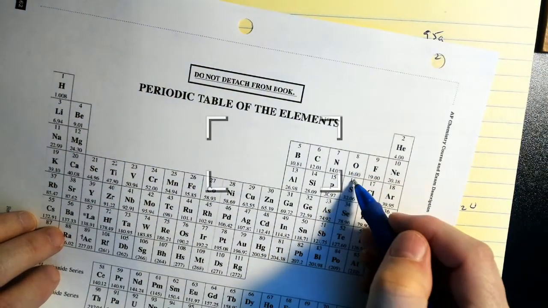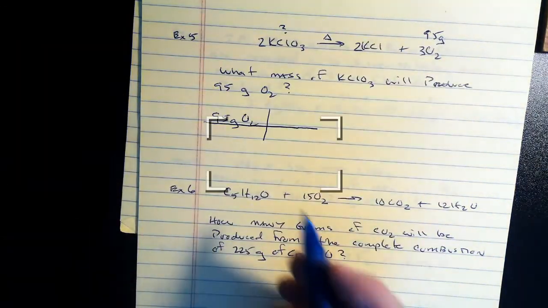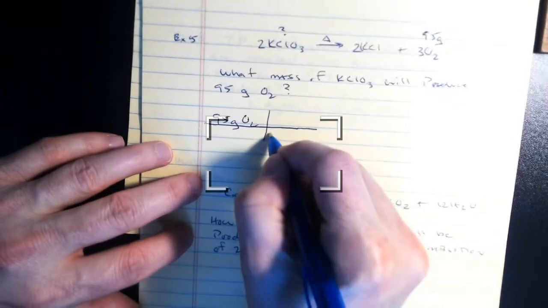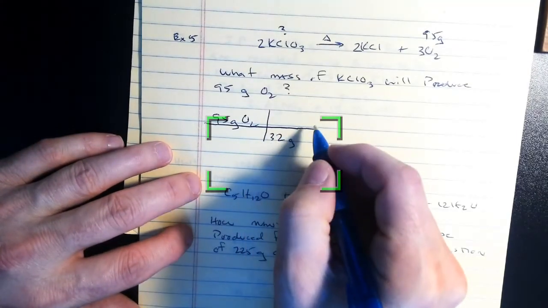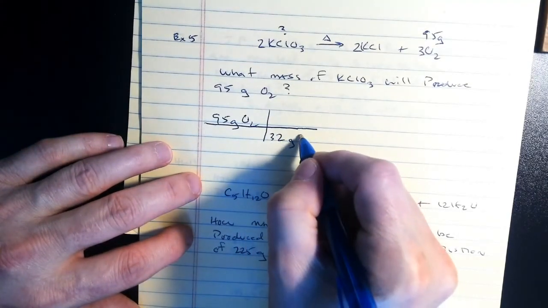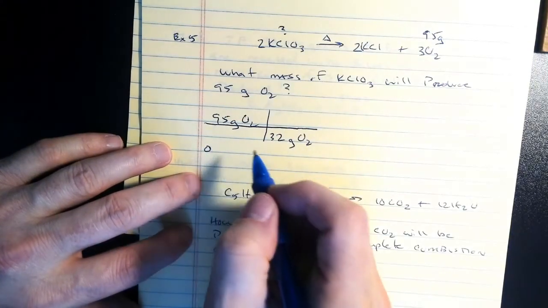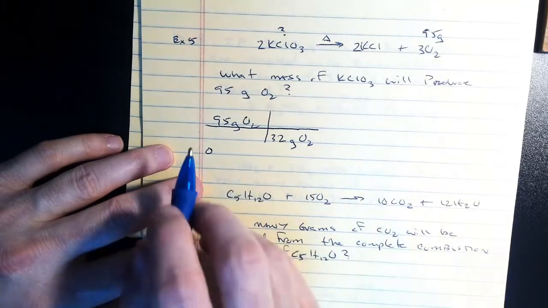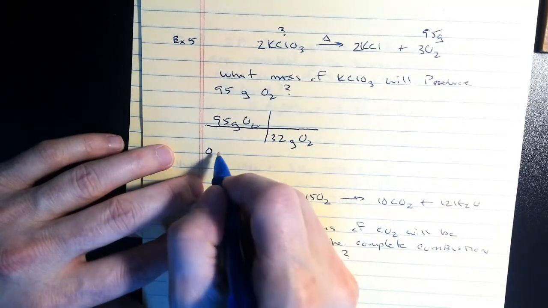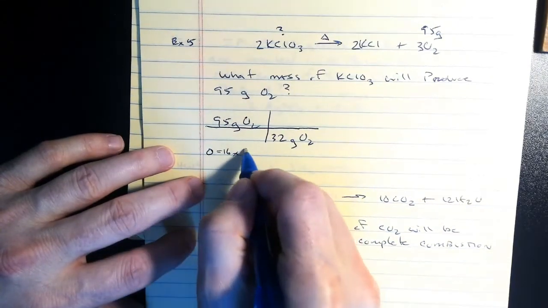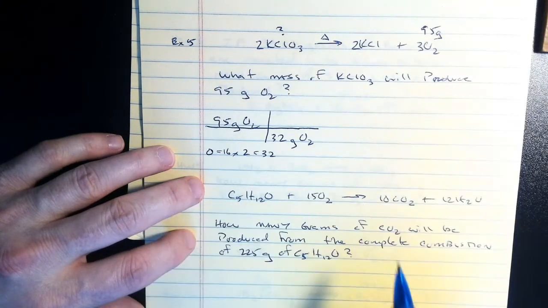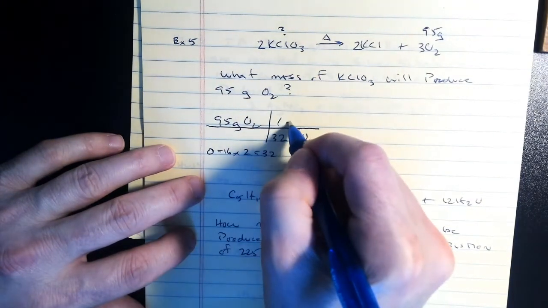The mass is 16. 16 times 2 is going to be 32 grams of O2. Now, this is perfectly legit, and I really sort of prefer you guys to do this. Oxygen is equal to 16 times 2 is equal to 32. And this is equal to 1 mole of O2.